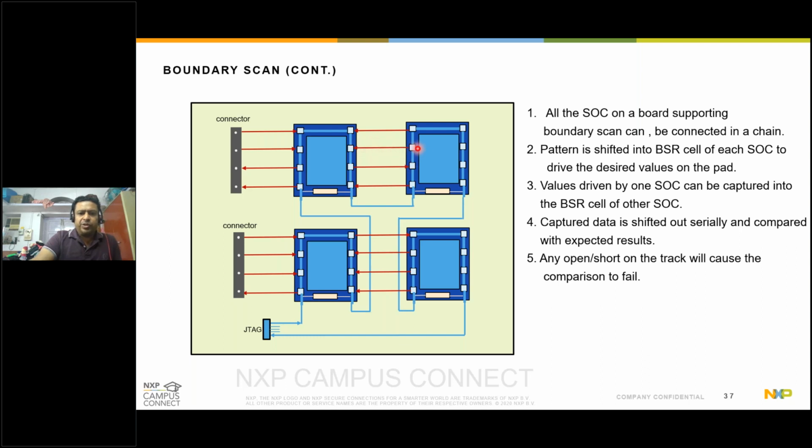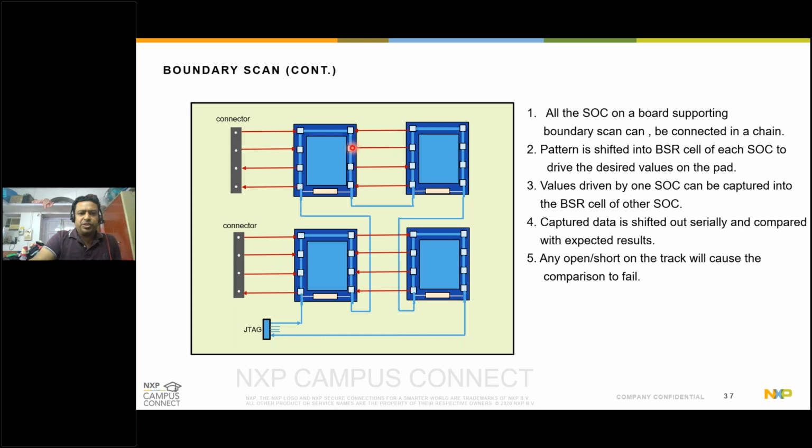So whatever value I have driven through my pattern will not be captured at this SOC. My first step in the testing was to pump in the desired vector serially. The next step would be to capture the response that is coming from one SOC to another.